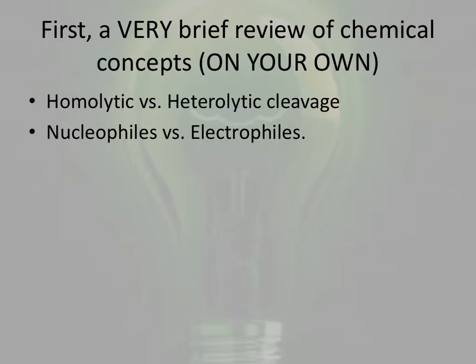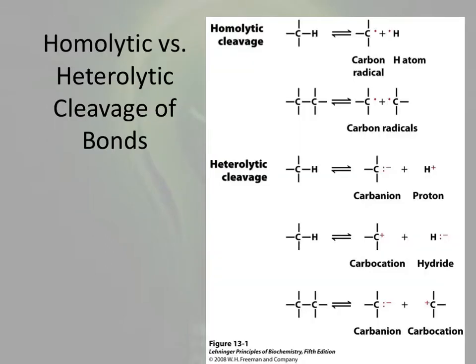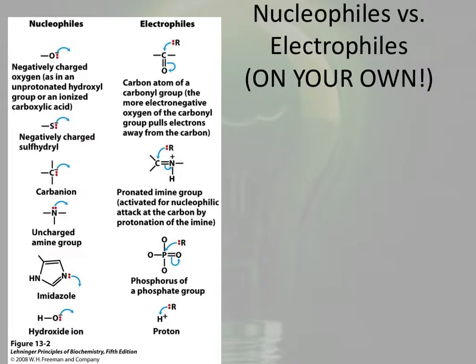Lone pair electrons. Electrophiles have to be something either positively charged or delta plus. This came right from your book, which shows different examples. They showed this in the very first chapter, and then it's repeated, the different types of nucleophiles and electrophiles in biochemistry. So on your own, review all of that.